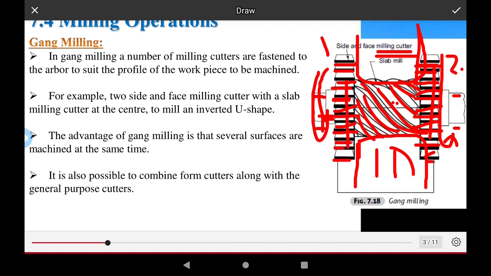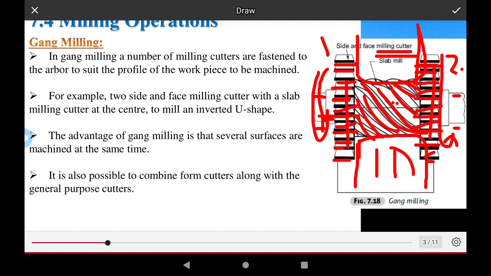It is also possible to combine the cutter with a general purpose cutter. This cutter is used for special work purposes in industrial applications and manufacturing operations, for large workpieces, converting them into small chip pieces.